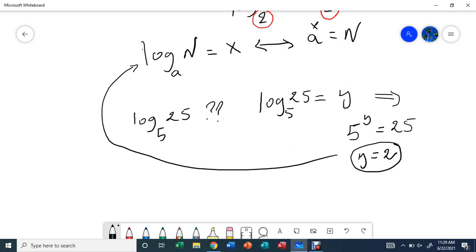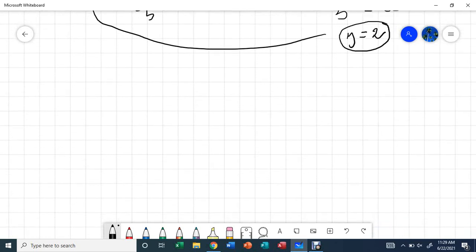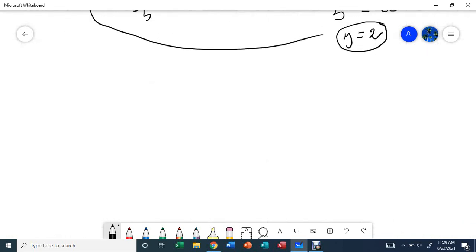So the first example, let's simplify this expression, log base 3 of x times y times z, and we want to simplify it and express it in terms of just log of x, log of y, and log of z. So you see here the product of x, y, z, so we want to use the product rule.